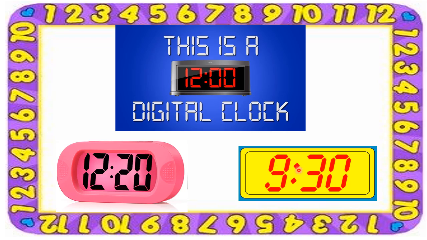The time is 9:30. The earlier one was 12 o'clock, then 12:20, 12 hours and 20 minutes. And this one is 9:30. You can also say 9 hours and 30 minutes. Right, class?